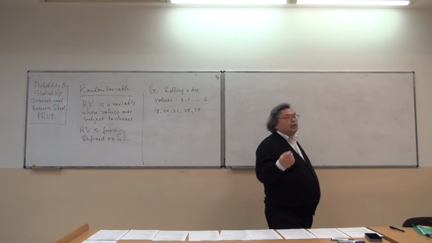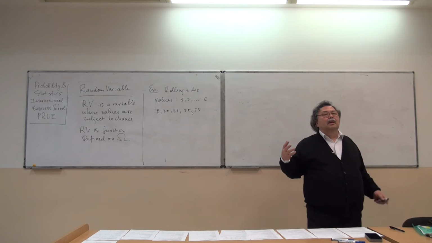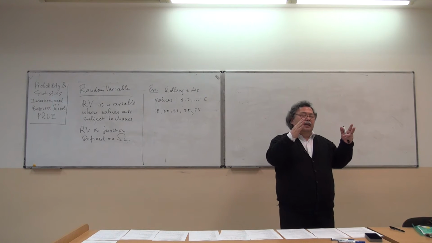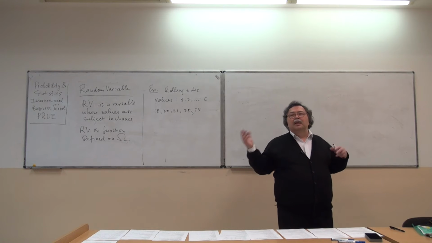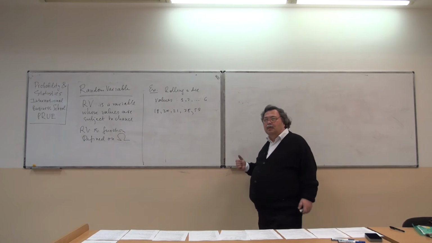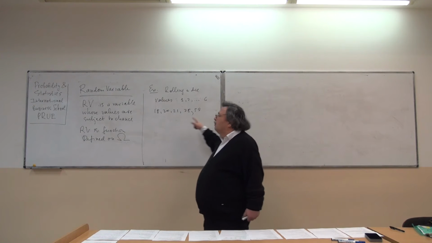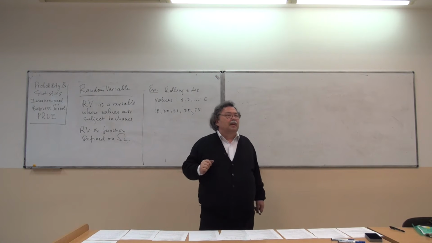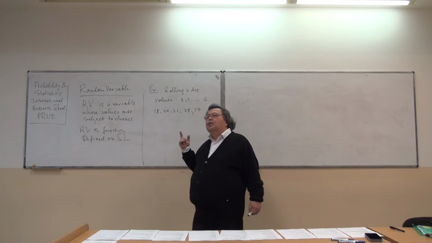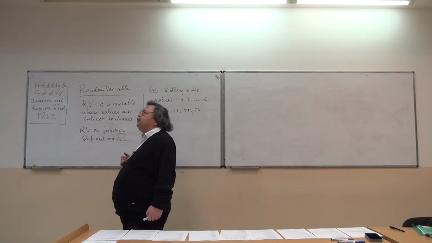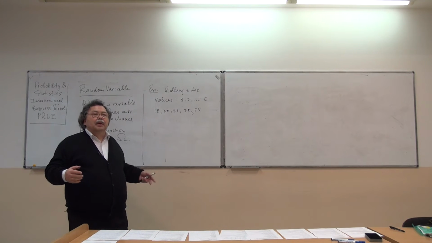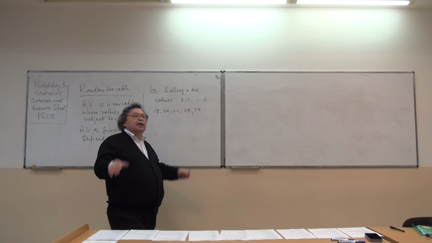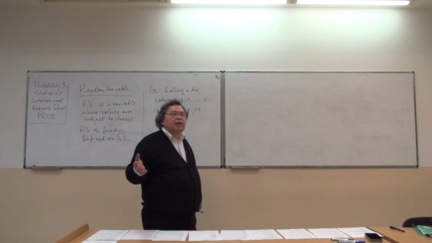Okay, so please keep this in mind. The set of outcomes doesn't have to be in one-to-one correspondence with the set of possible values. The list of values typically is much shorter. This is point 1. Point 2 is this. We can define the random variable for the same sample space in a different way.